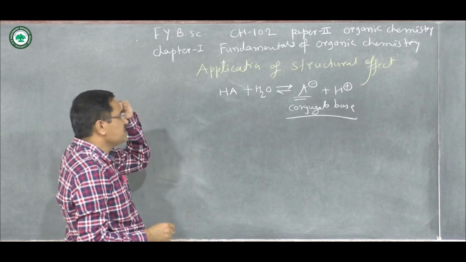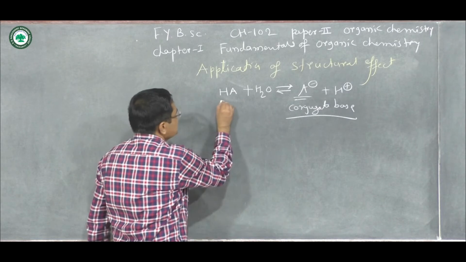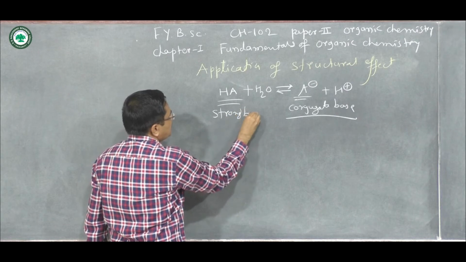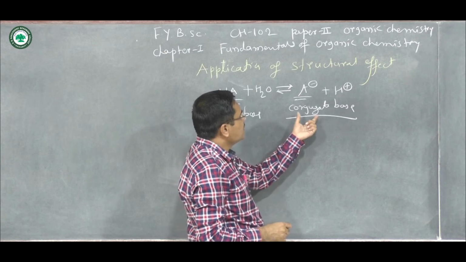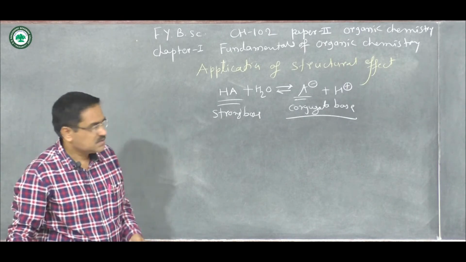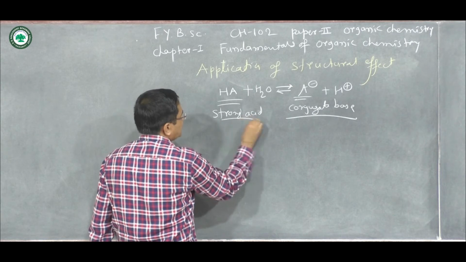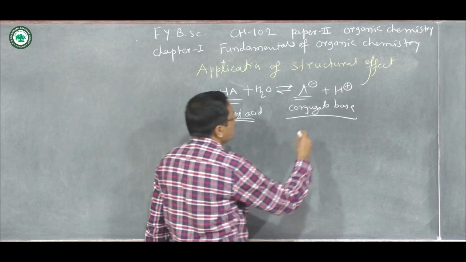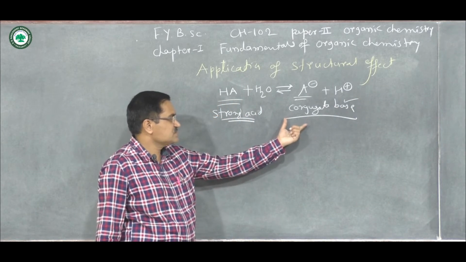And here if conjugate base is stable, then this is strong acid. If conjugate base is less stable, then this is weak acid. Means strength of acid and base is depending upon the stability of this conjugate base.